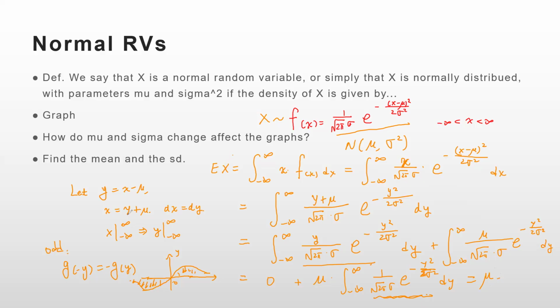To prove that the standard deviation is sigma, that needs more work because now you have x squared here. We need to find E of x squared. Then you still do the substitution, but then I think you need some integration by parts as well.